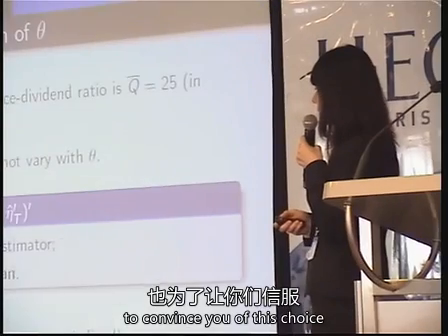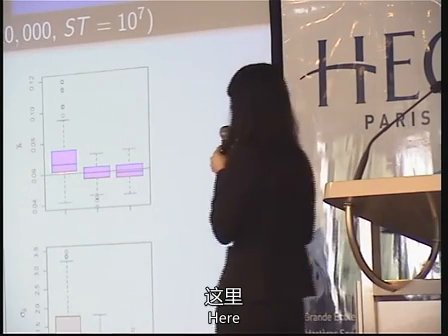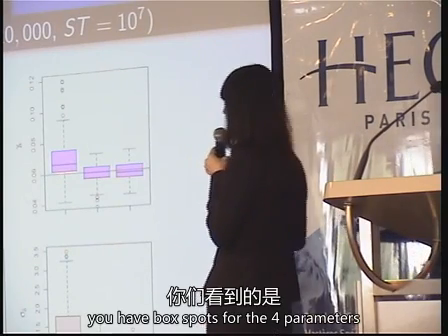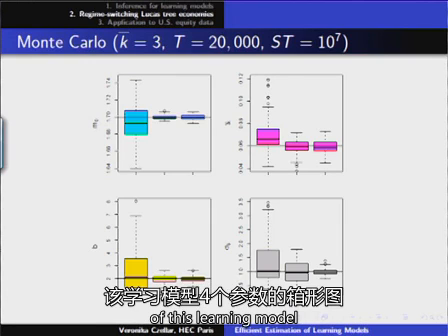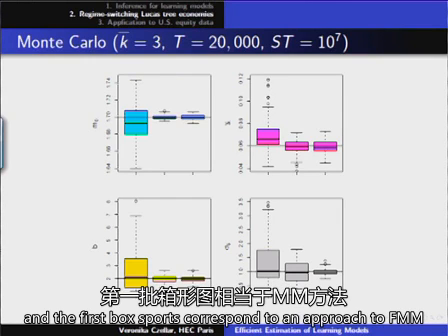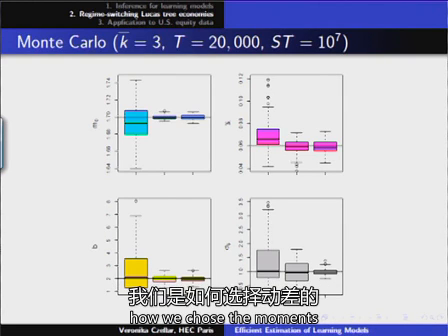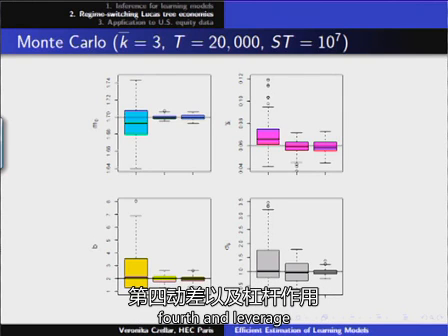To convince you of this choice, let me show you some box plots. Here you have box plots for the 4 parameters of this learning model: m naught, gamma k bar, b, and sigma delta. The first box plots correspond to the moment-based approach, specifically SMM, simulated method of moments, when we choose the 4 moments that fit the best. I can show you later how we chose the moments. These are the second, third, fourth, and leverage.